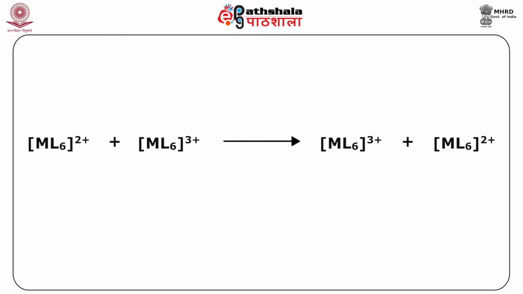For better representation, we can say ML6 2+ plus M'L6 3+ goes to ML6 3+ and M'L6 2+. So you see nothing has changed except the charges: the +2 species has gone to +3 and the +3 has gone to +2.